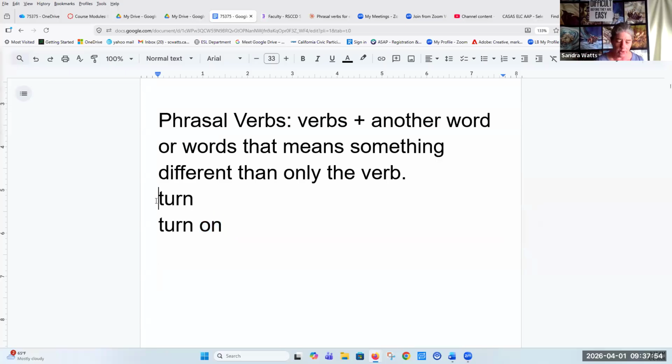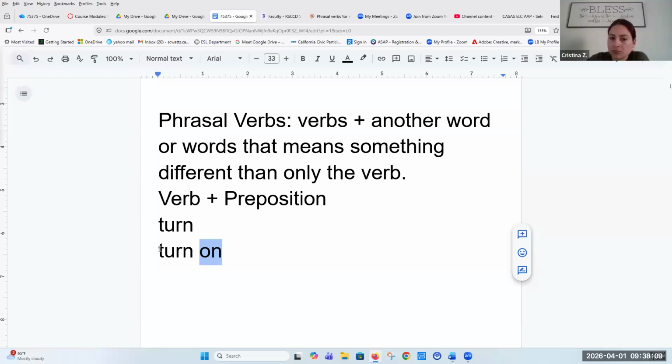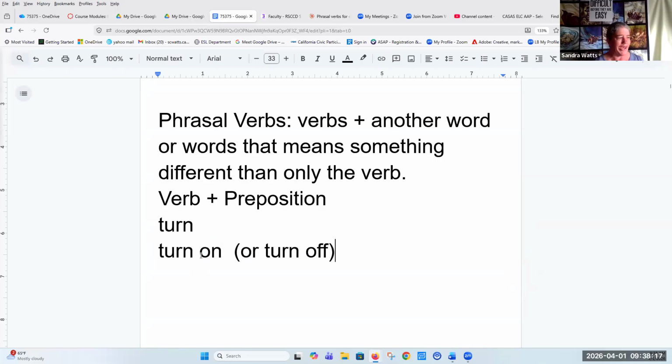So the most usual forms of this are verb plus preposition, which is what I just showed you. On is a preposition. When you add this preposition to the verb turn, the meaning is different.